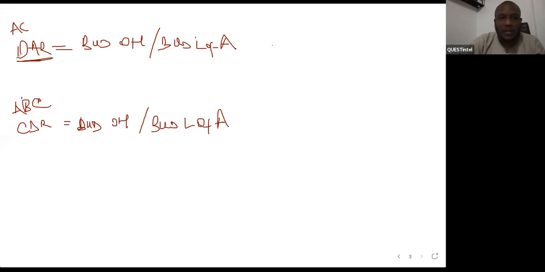With absorption costing, our level of activity will generally be a blanket hours. So we generally use hours, either labor hours or machine hours, as our level of activity in absorbing our overhead. With activity-based costing, our level of activity will be separate.